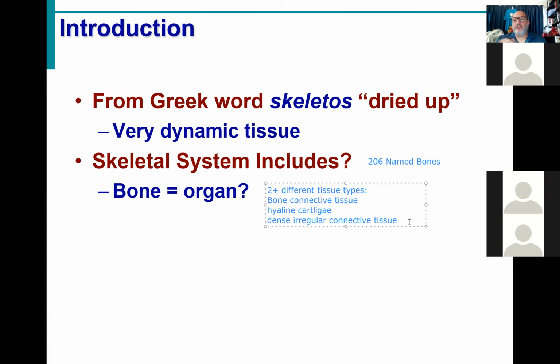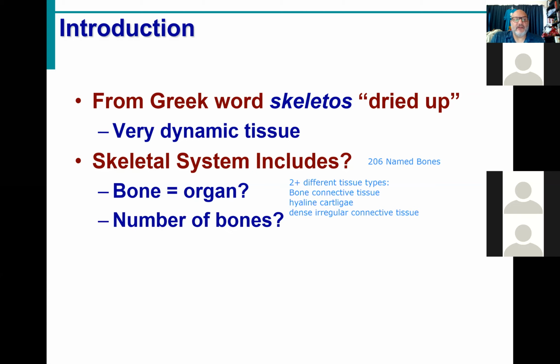And that doesn't even include things like the nerves and the nervous tissue that are running inside of them, the blood vessels that are running inside of them. So obviously they're clearly made up of lots of components and absolutely positively are indeed organs. We already did the numbers, so we'll talk about that later. And again, as we've talked about, the study of the bones is the field of osteology.